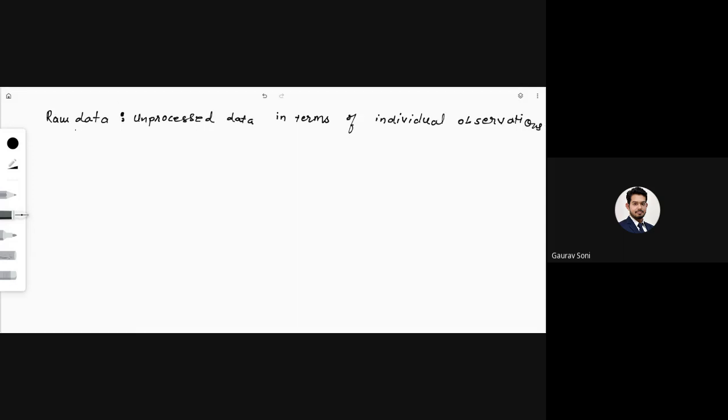Say for an example, income of 5,000 individuals is given to you. Income of 5,000 individuals is simply given to us, and such type of data is called the raw data.